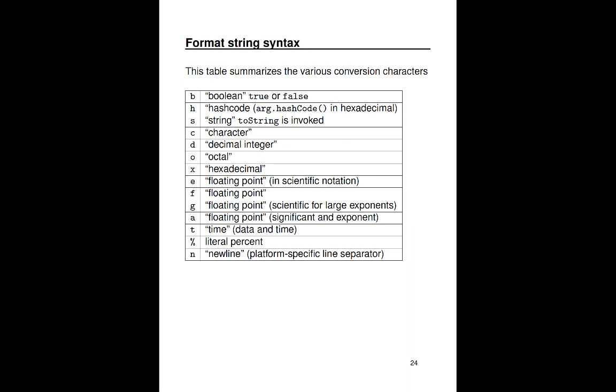You can use %e, %f, %g, and %a for floating point numbers, and each one of those varies in terms of the number of significant digits and exponents. You can also use conversion characters like %h to get the hash code of an object, or %t to get some aspect of the date and time. You can say %% for the literal character percent in your format string, and %n for new line, which will be the platform-specific line separator.